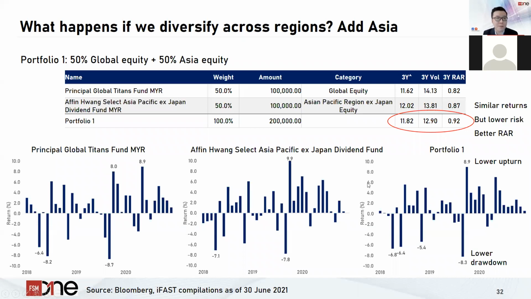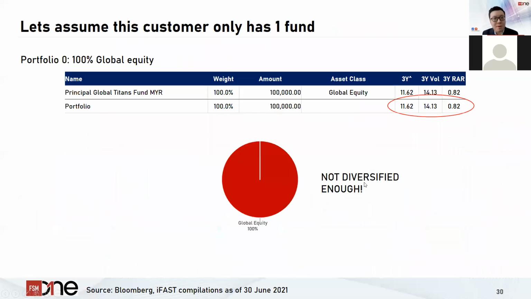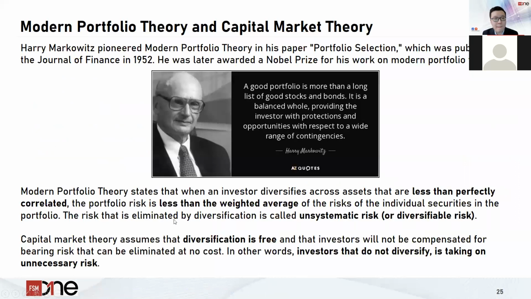If you remember from the previous slide, capital market theory says diversification is free. Investors that do not diversify are taking on unnecessary risk. And in broader portfolio theory, for investments across different assets that are less than perfectly correlated, the portfolio risk is lower than the weighted average of the individual assets.